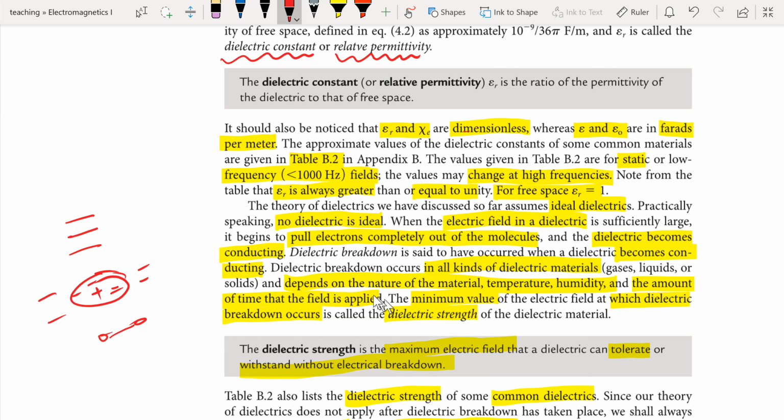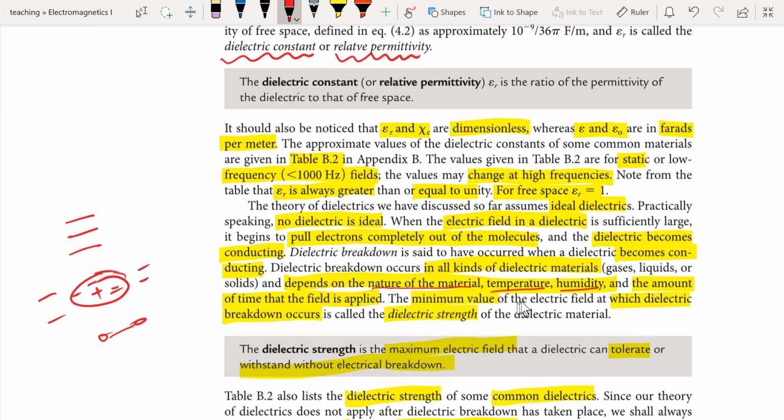When they become free, the dielectric starts conducting, and the dielectric breakdown is said to have occurred. Dielectric breakdown occurs in all kinds of materials, gases, solids, or even liquids. And it depends on a number of factors, such as the nature of the material, the temperature, the humidity, and the amount of time that the field is applied.